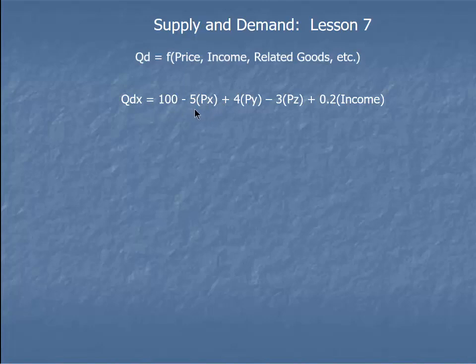But now we've included these other terms: plus 4 times the price of some related good Y, minus 3 times the price of some other related good Z, plus 0.2 times income. So this is a simple example of a multivariable demand curve.